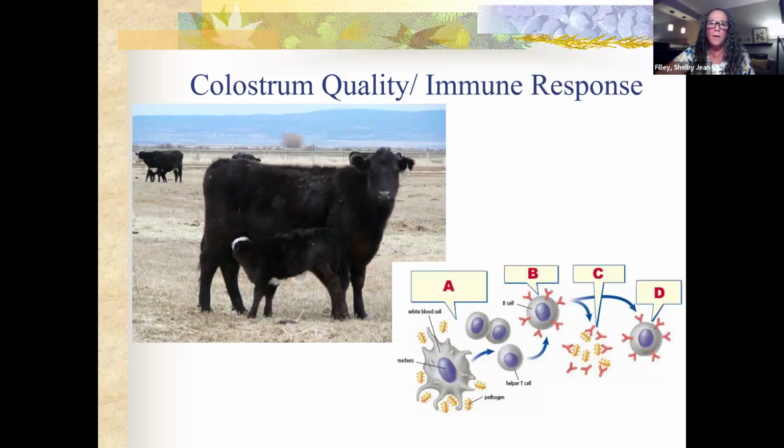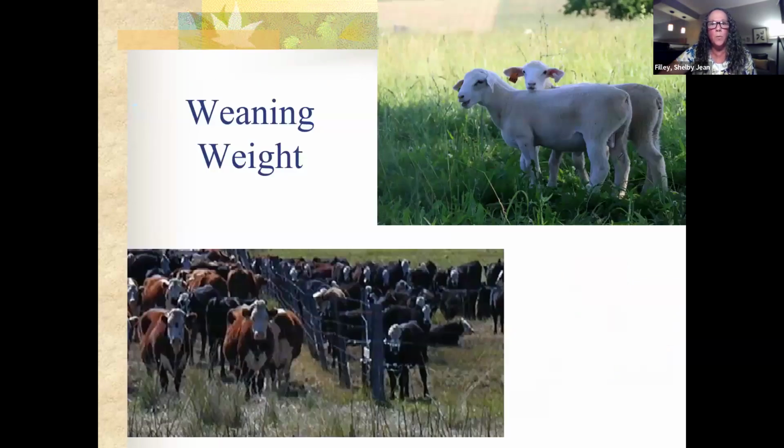Feeding the proper amount of protein in late gestation will help produce high quality colostrum and give that calf a good immune response. So we know those things. Also weaning weight: how we're feeding the cow or how the cow's pasture is can produce a lot of milk, and a good weaning weight.